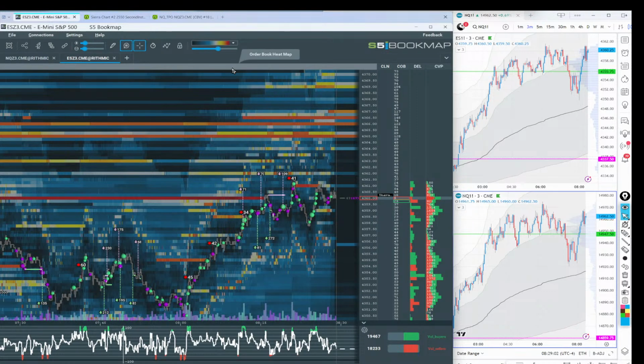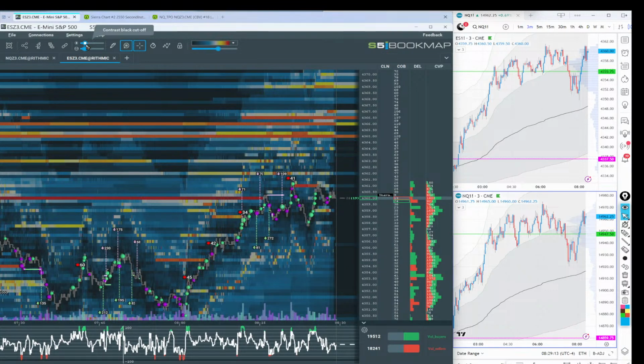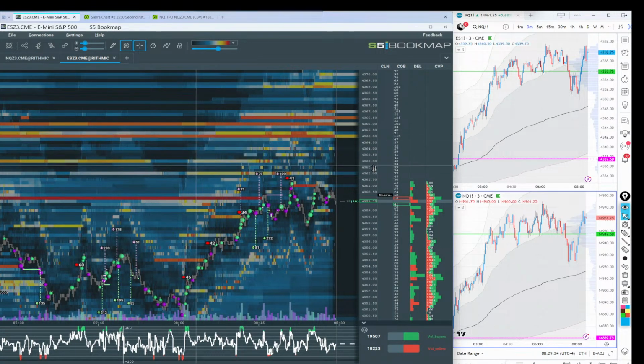I've got the coloring quite intense. In other words, I've used the slider to have the contrast on really, really high. And by having it on really high, you can see them move or dilute these major resting liquidity levels prior to the release.